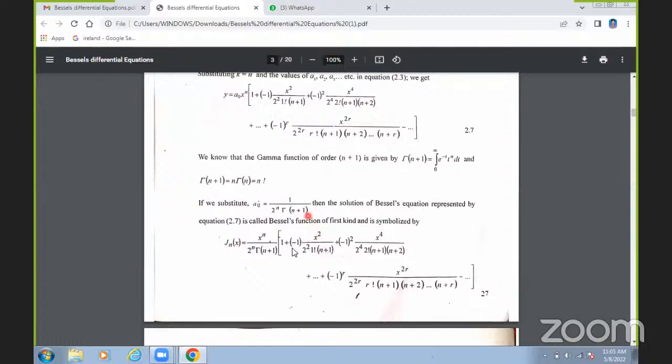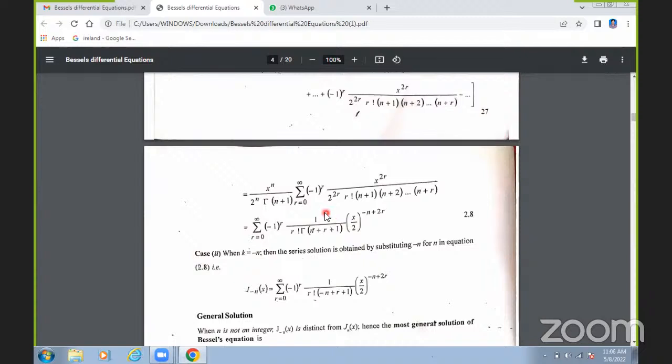Then after that we have the summation with minus 1 whole to the power of r, and whatever is inside, we are writing as it is. Only the A0 value we are writing in terms of the gamma function, that is 1 by 2 to the power of n gamma of n plus 1. So this equation we have got, and again we are taking out x power n by 2 to the power of n gamma of n plus 1.